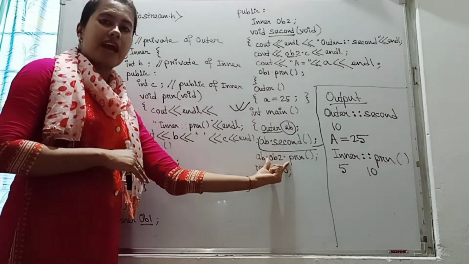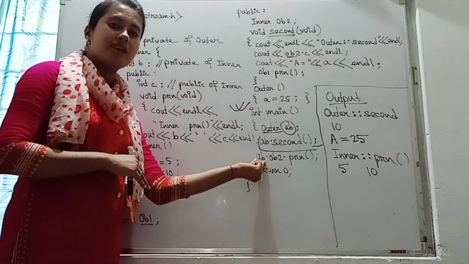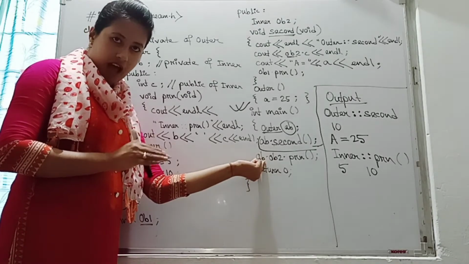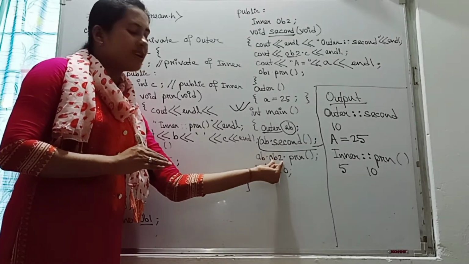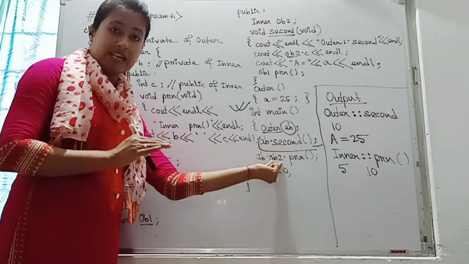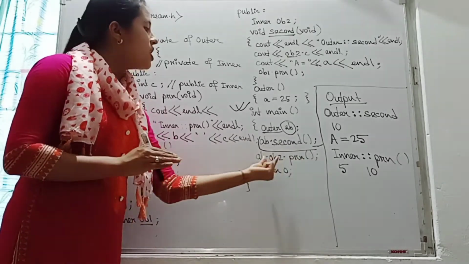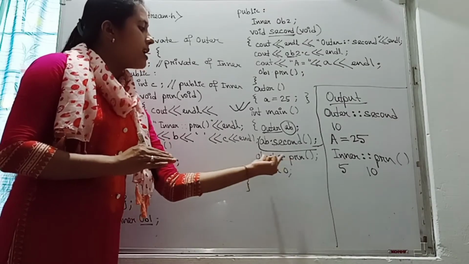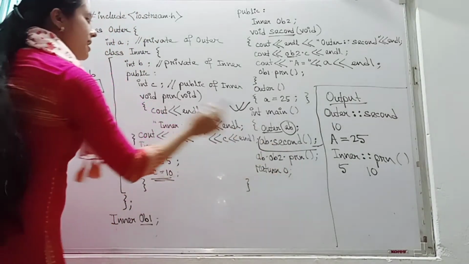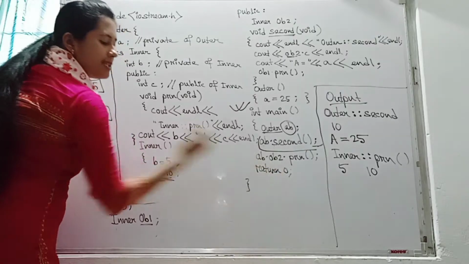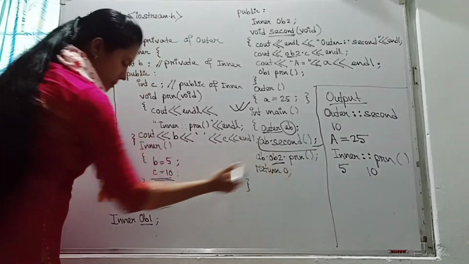Another way we can write is that first you give the name of the object of the outer class, then you give the name of the object of the inner class, and then you give the function name. Okay. So here it will access the PRN again, but through this second object, that is object number 2.